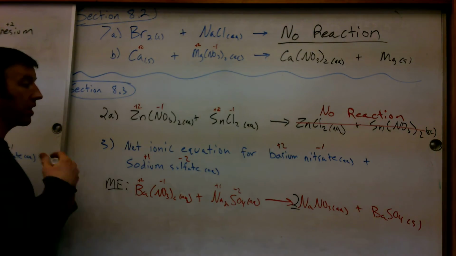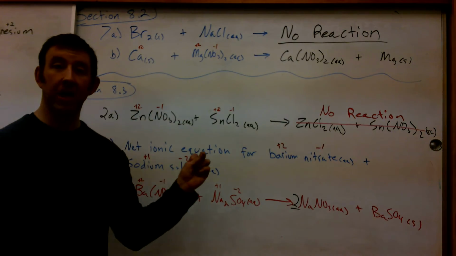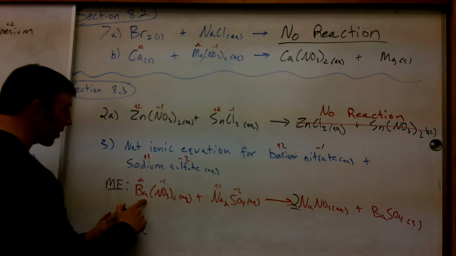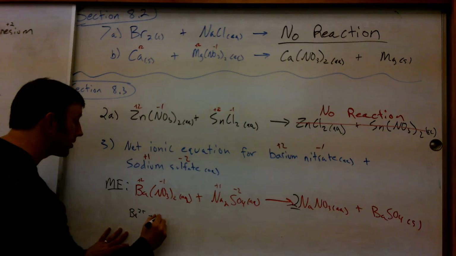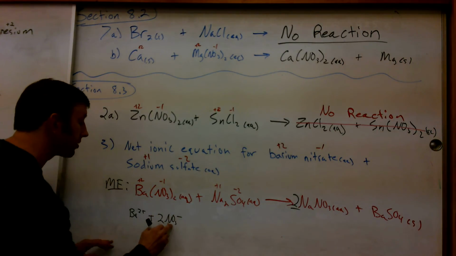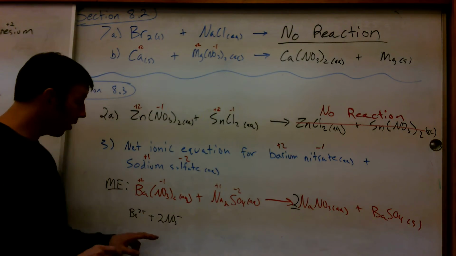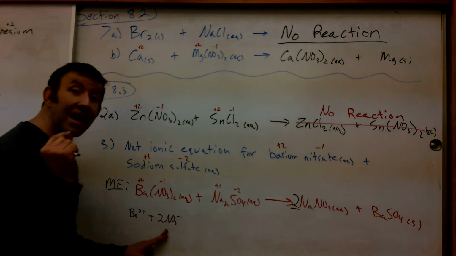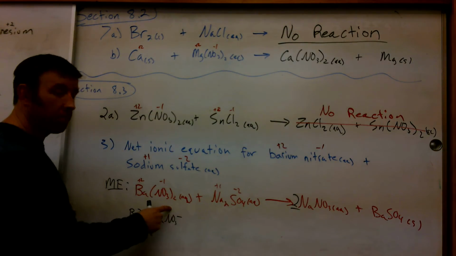So what I need to do then is anything that's aqueous, I'm going to separate those out into their ions. This is a lot of writing, and I'm going to try to hurry up here now. So what I have here is barium, 2 plus, 2 NO3 minus. Now, what I did there was I took the 2. So when we write our net ionic equation or ionic equations, our added subscripts become coefficients.